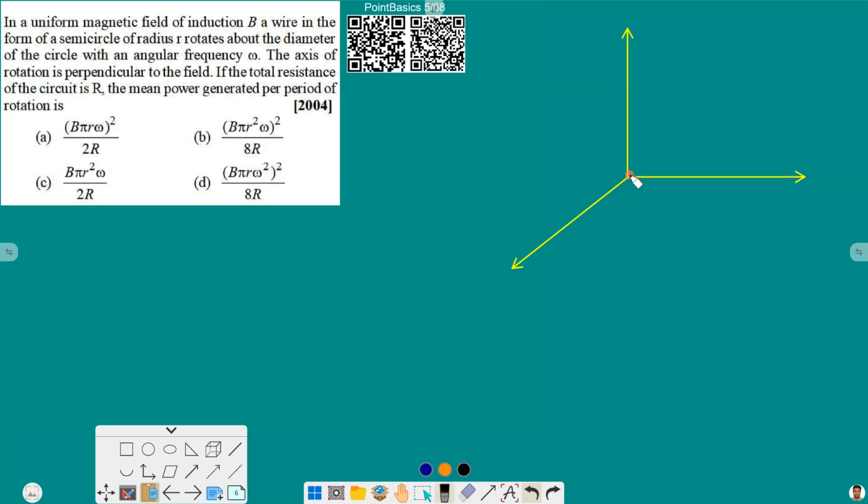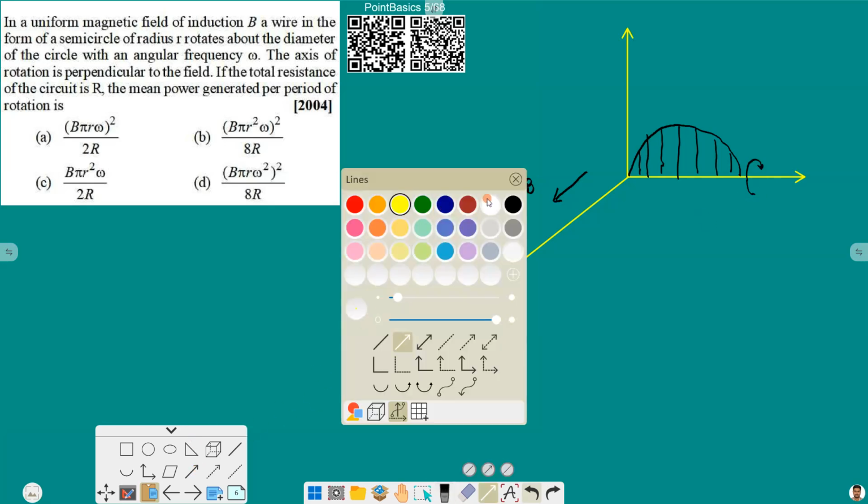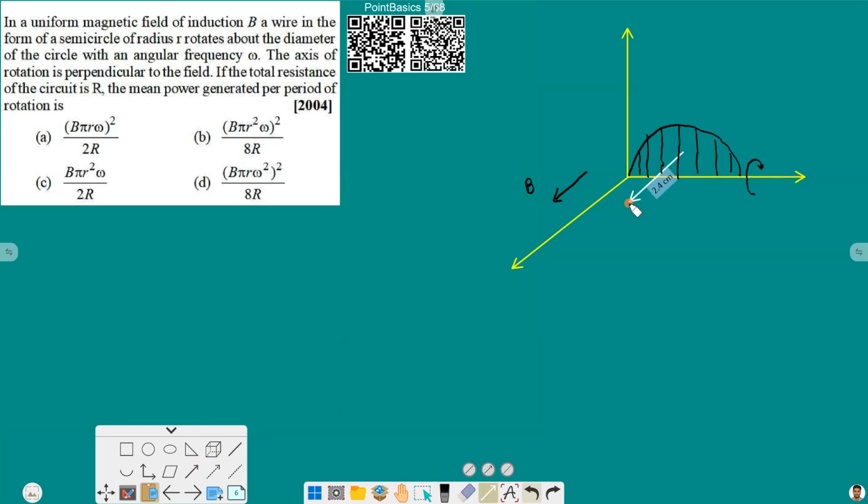So suppose this is our semicircular wire, and we have the magnetic field in the z direction, and our wire is rotating something like this. So initially its area vector is something like this and parallel to the magnetic field.